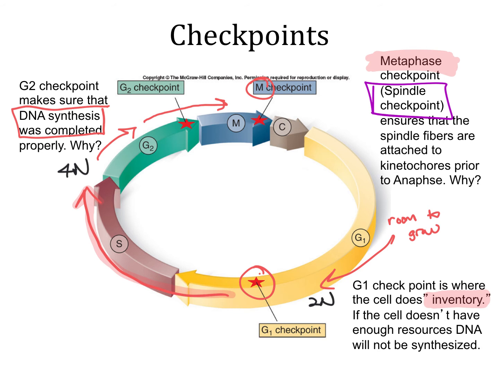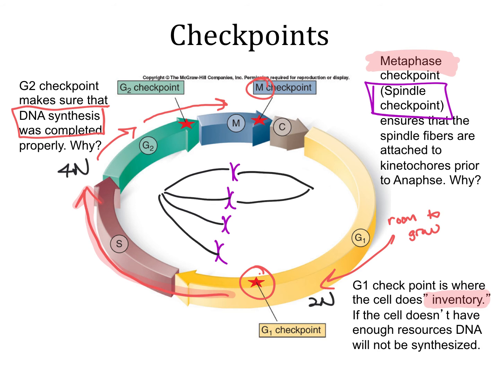Everyone's lined up down the center, but also what else is happening? I need to make sure that I have spindle fibers, right, attached to everybody, correct? Because when I have the spindle fibers retract, they should each pull a sister chromatid with them, correct?